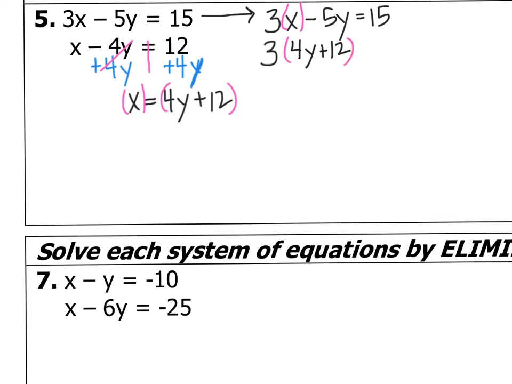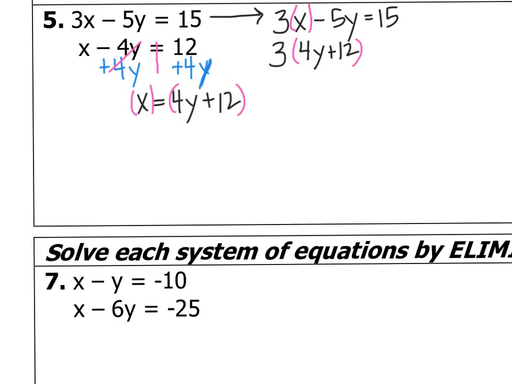Now I've got to continue up here with minus 5y equals 15. I haven't done that yet. Minus 5y equals 15. And I do exactly what I did last time. I take my positive 3 and I begin with the distributive property.